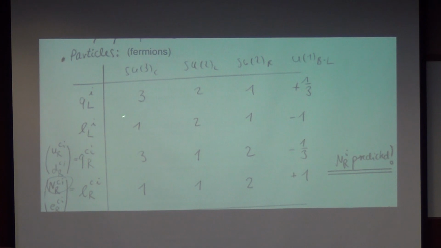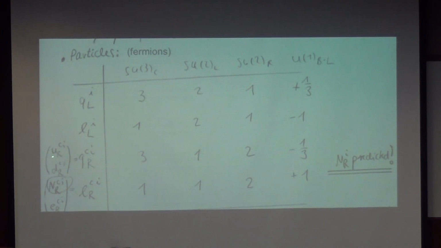They have no color. They are doublets under SU(2) left. Also here, they are singlets under SU(2) right, and they have minus 1, the negative of the lepton number. So this justifies calling this U(1) the B minus L symmetry.